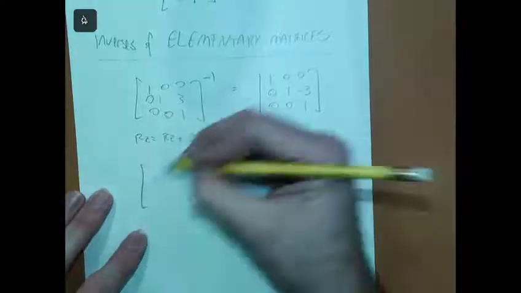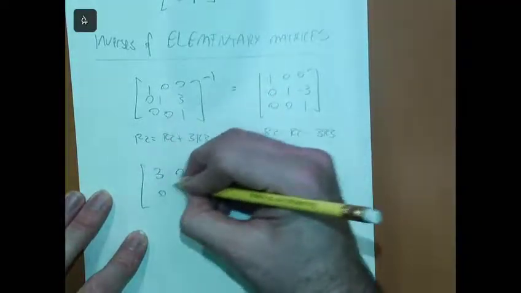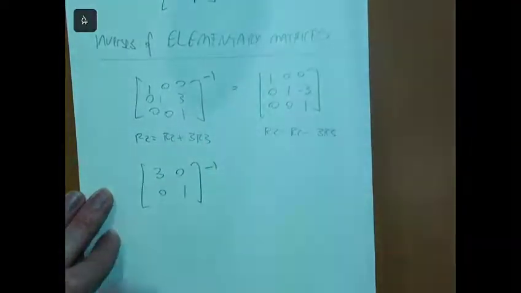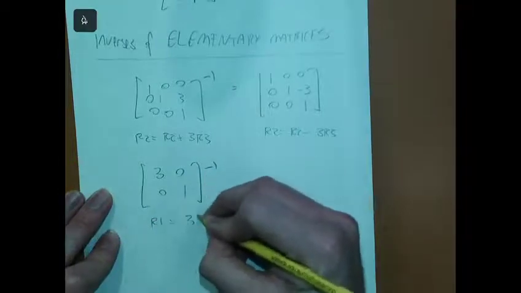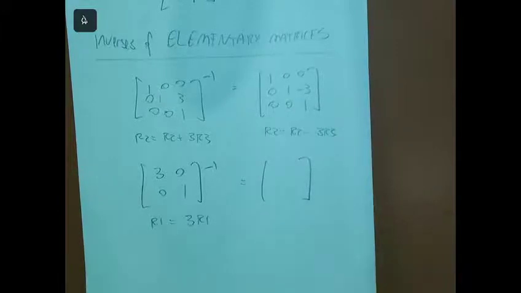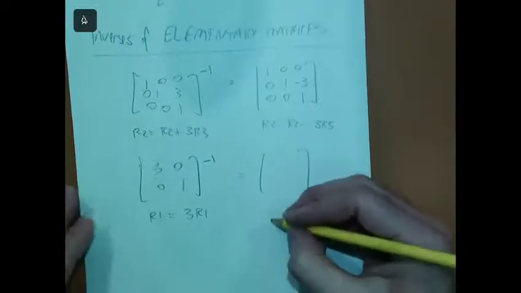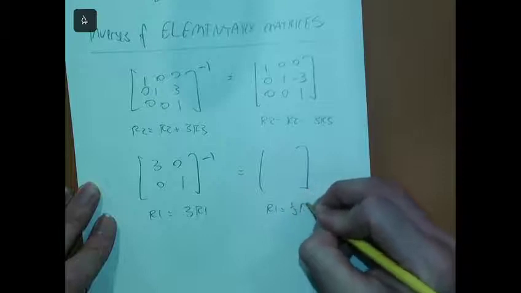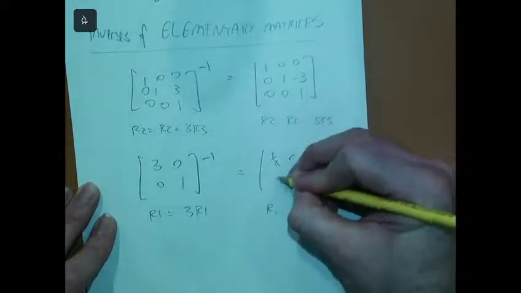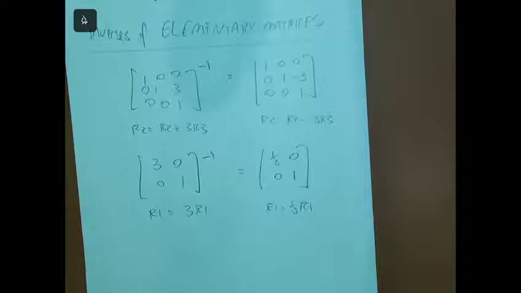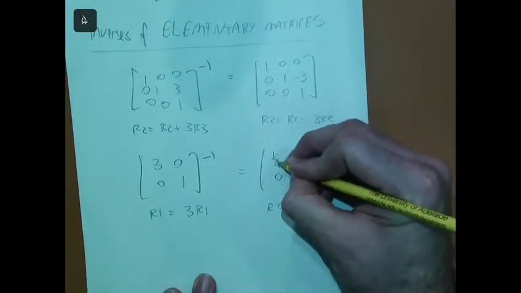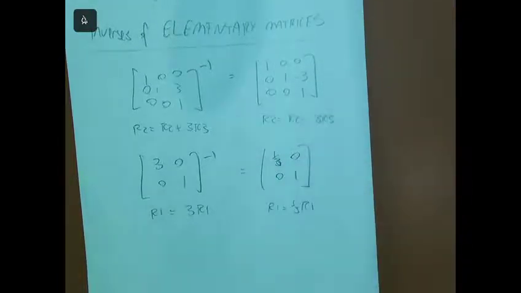And this matrix, the row operation I did to do that was row 1 is 3 row 1. Well, if I did 3 times row 1 and I immediately wanted to undo that, I would do a third of row 1, and that would get rid of the 3 that I put in there. And so I would just make the elementary matrix that goes with the opposite row operation, and that's the inverse.